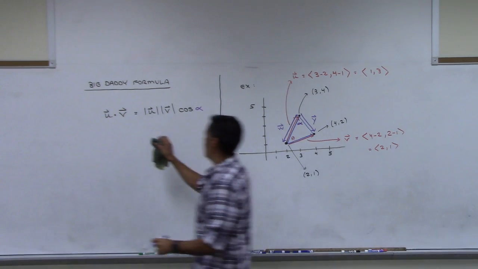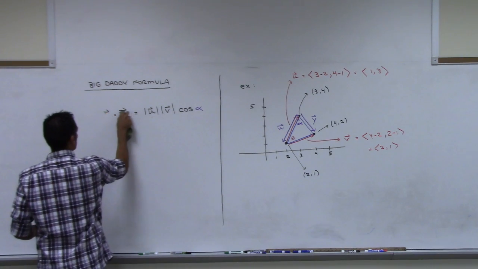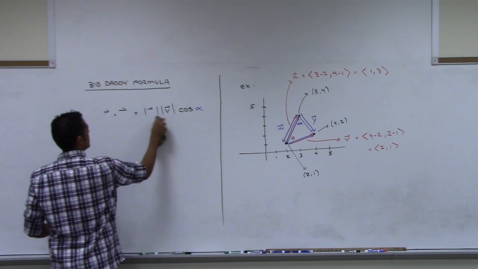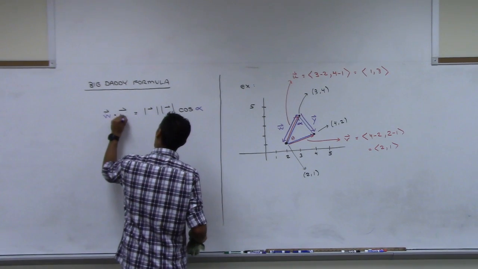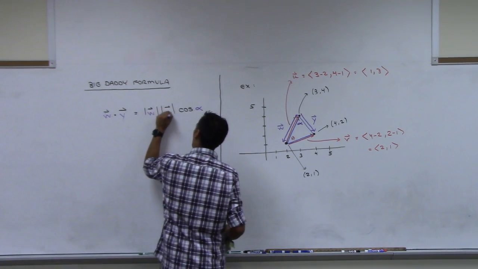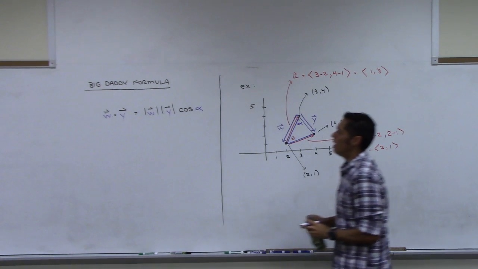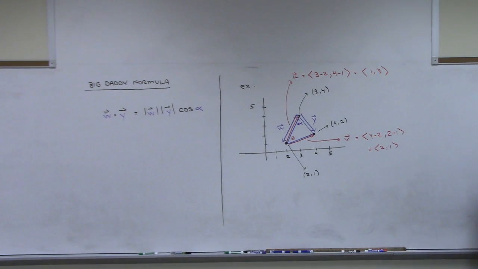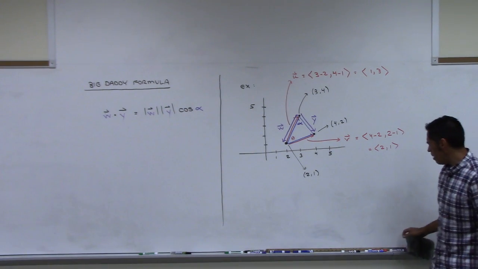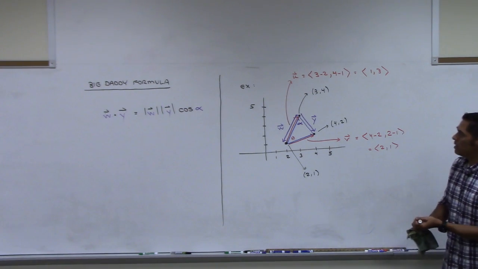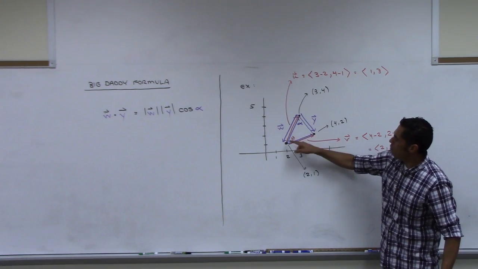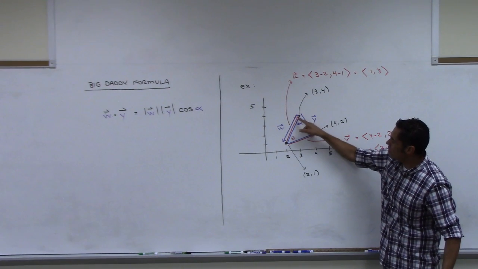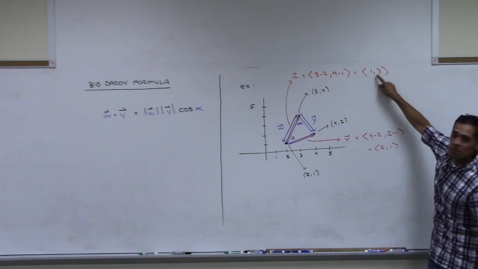So back here on the formula, we can't use U and V anymore, because we changed it. So it's going to be W dot Y equals the magnitudes times cosine of alpha. You should be able to tell me what W is pretty cleanly, because isn't W just pointing the same length, but in the opposite direction of this one?